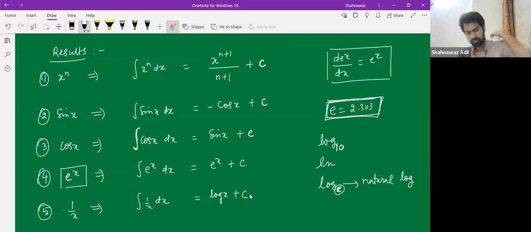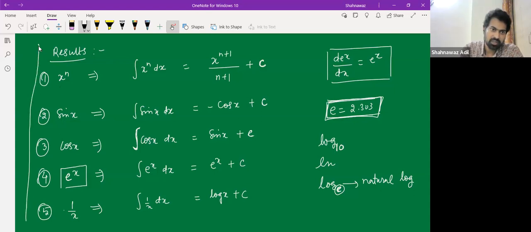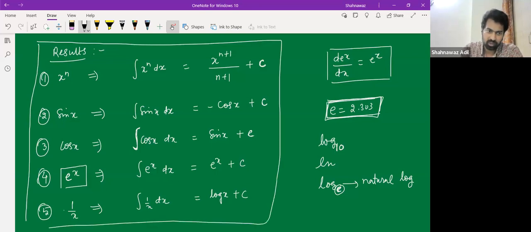Okay. So this is all about integration, and let us understand by solving some questions. Did you note it down?